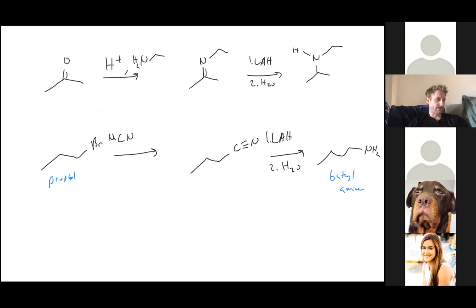If we want to do this without adding any carbons to it, there are two different ways we can do this. We can either do this through an azide, which is very similar to a nitrile.